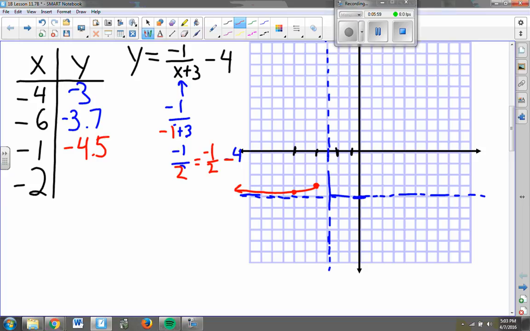So when I'm at negative 1, I should be at negative 4.5, which is right there. And if I'm at negative 2, negative 2 plus 3 is really a positive 1. Negative 1 over positive 1 is equal to negative 1. And if I take away 4, I'm at negative 5. So at negative 2, I'm at negative 5 right there.